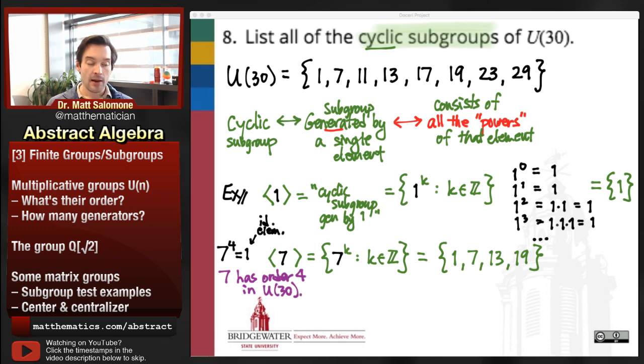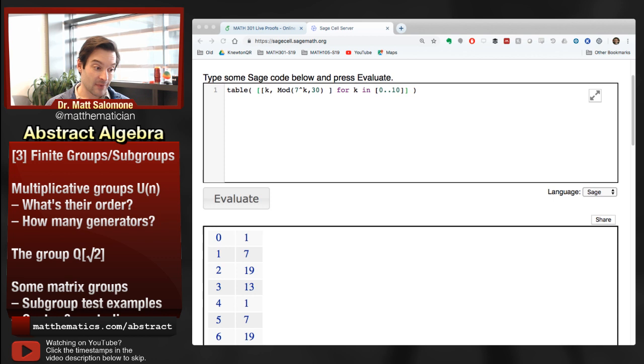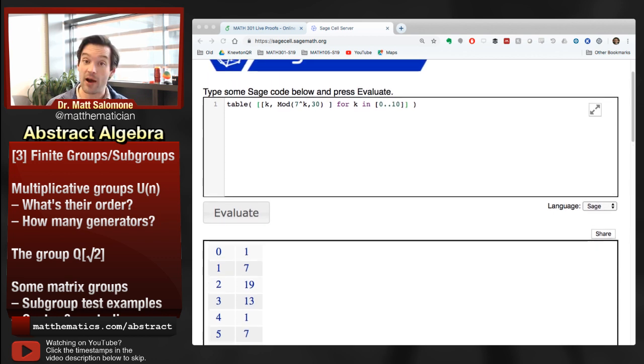And remember, the definition of order contains 2 pieces to it. The first piece is that whatever that order is, that power of my element has to give me the identity. So 7 is an element of order 4 in part because the 4th power of 7 gives me the identity. But the other part of the definition says that it is the smallest positive power that gives me the identity.